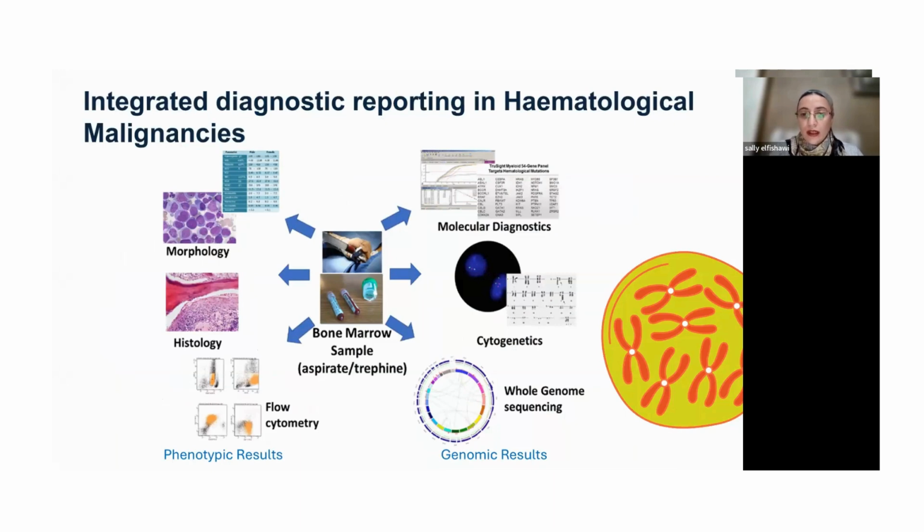And then we have to look at the mutations themselves that cause this phenotypic aberration: the cytogenetic abnormalities, if it's a larger structural aberration, or whole genomic sequencing, a holistic bird's-eye view of all the mutations or events that happen in our malignant clone.